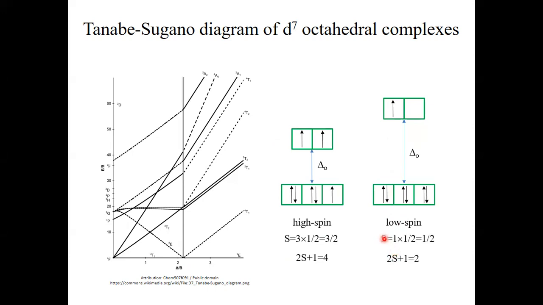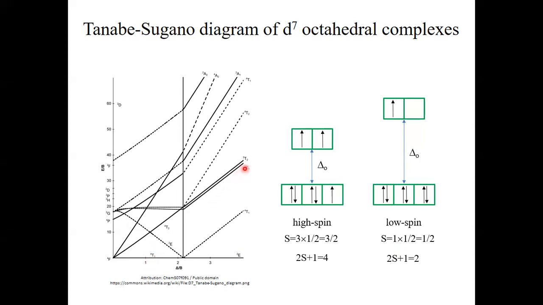That means that now S is 1 times a half, which is a half, and 2 times a half plus 1 is equal to 2. So now, what about the number of electron transitions? Well, we have quartet states here, so we can excite into other quartet states. So how many other quartet states do we have?